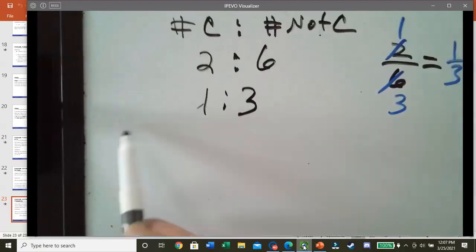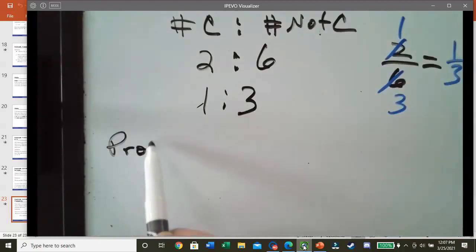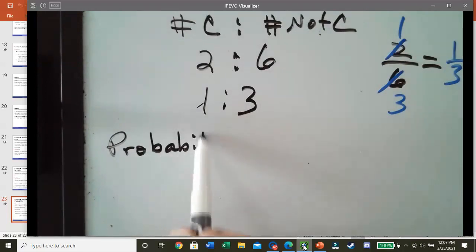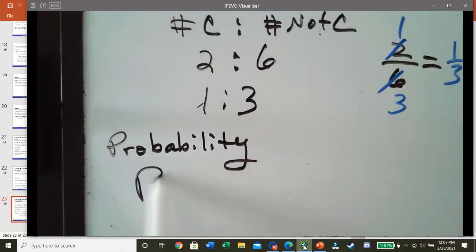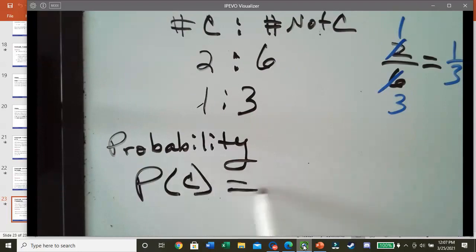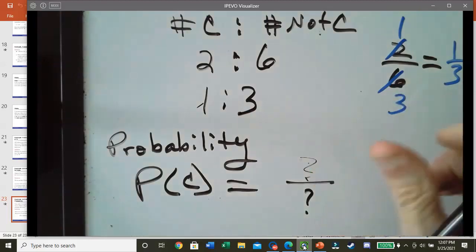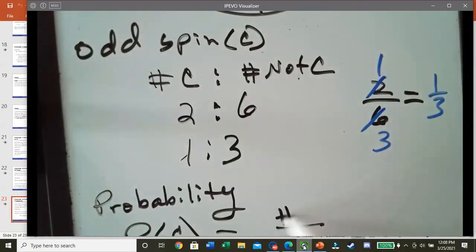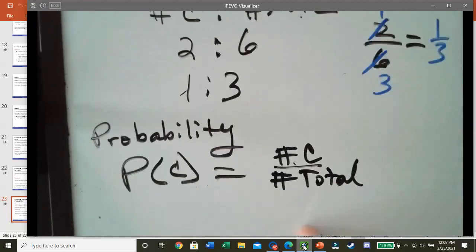In other words, the probability of landing on C is what to what? Careful now. Probability is the number of C's over the total, right? The denominator is always the total.